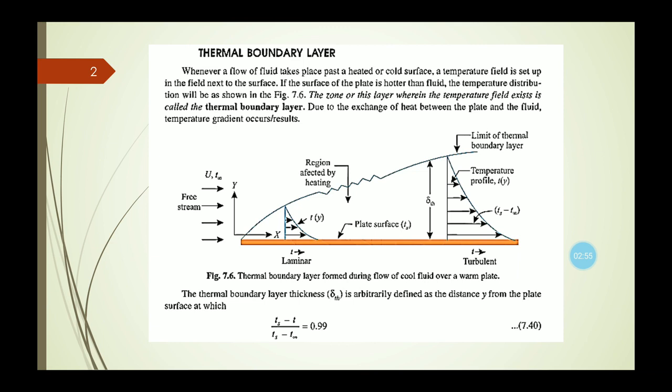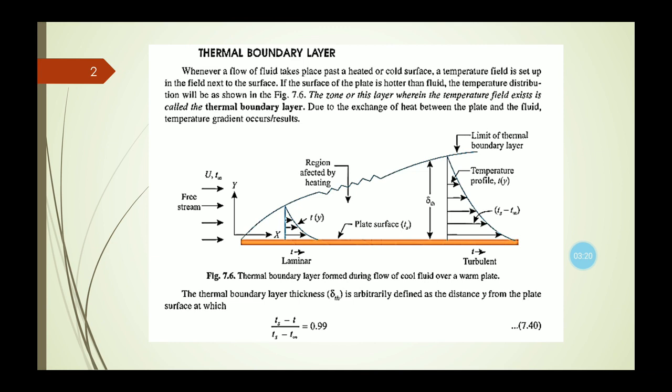So it will depend upon the hotness or coldness of the stationary plate compared to the temperature of the flowing fluid. So in this diagram 7.6 we can see the thermal boundary layer formed during the flow of cold fluid over a warm plate.